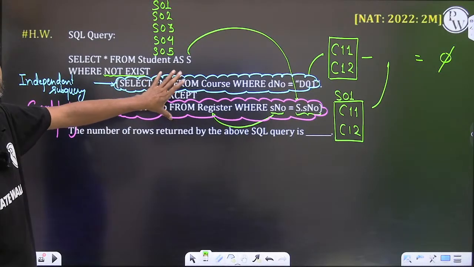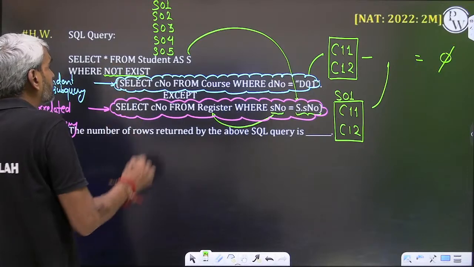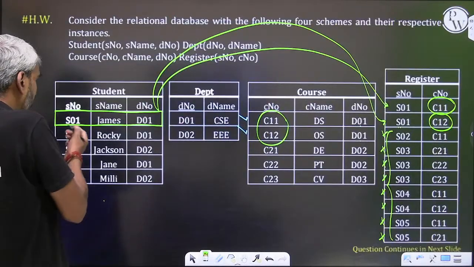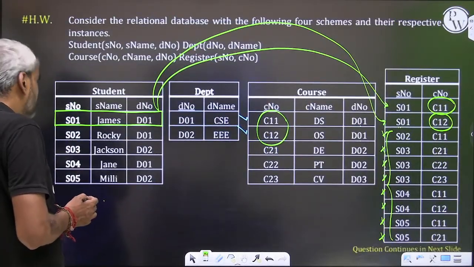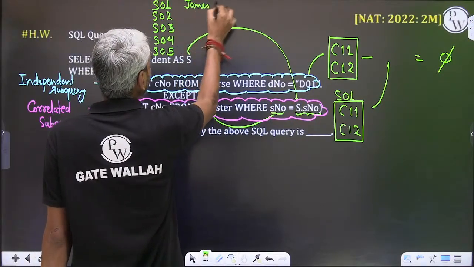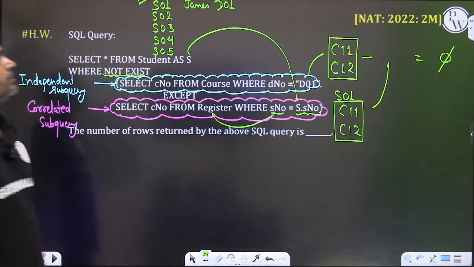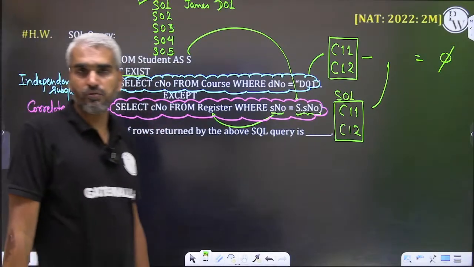Inner query result is empty, so not exists will return true. Because not exists is true, the tuple with respect to S01, that is S01 James D01, will be selected. S01 James D01 will be selected.